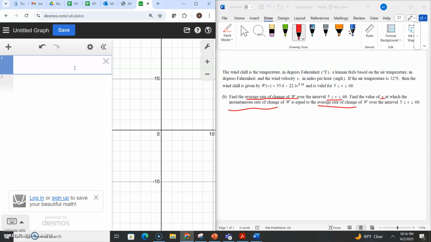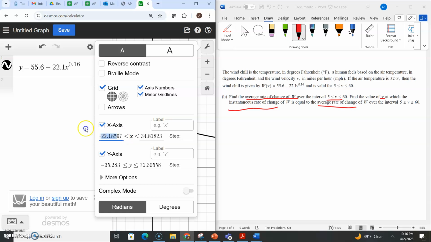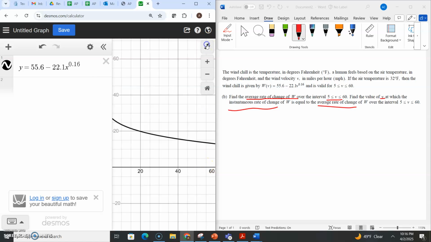So we have y equals 55.6 minus 22.1 x to the power of 0.16. Here's our graph. And we're specifically going to set the window from 5 to 60. Okay, so this is what we're looking at.